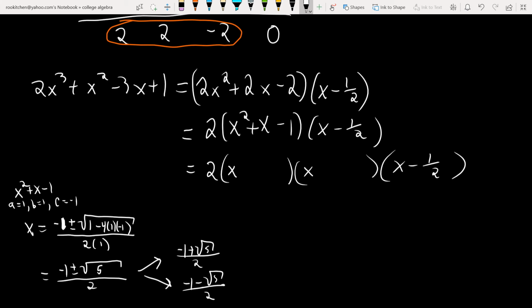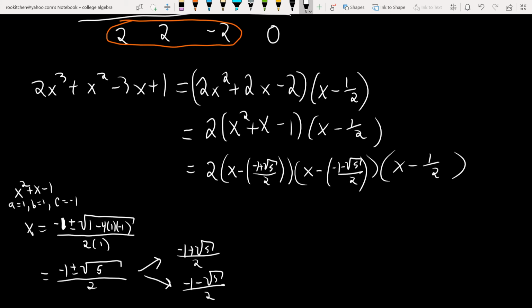Okay? So if you wanted to write out the factored form, you would go minus the negative 1 plus root 5, and it looks pretty weird, you're probably not used to doing that, and then minus whatever the other root is, so minus 1 minus root 5 over 2.